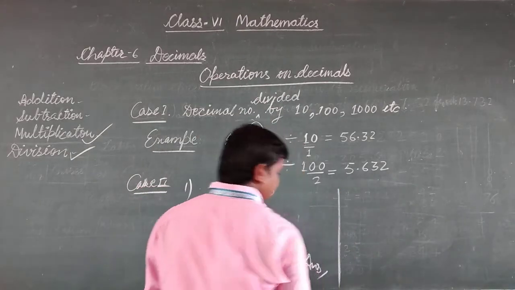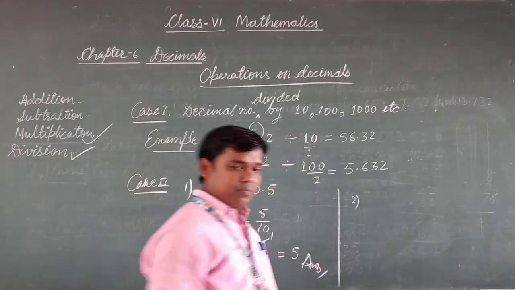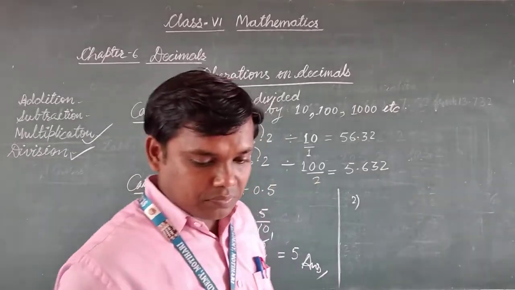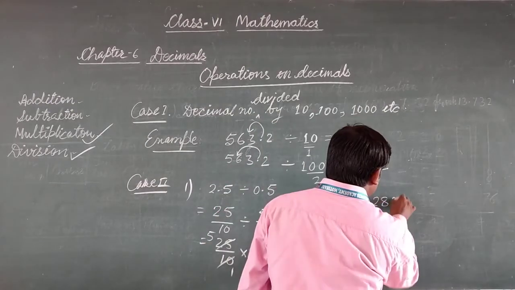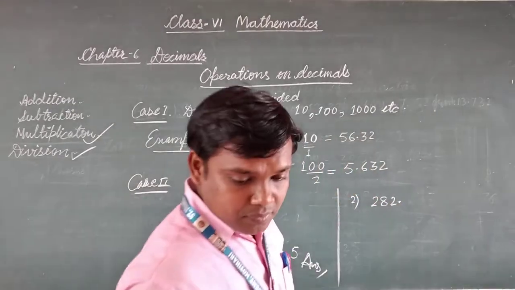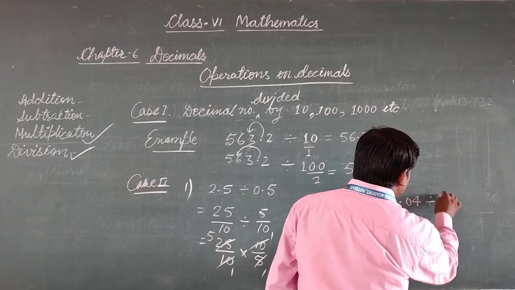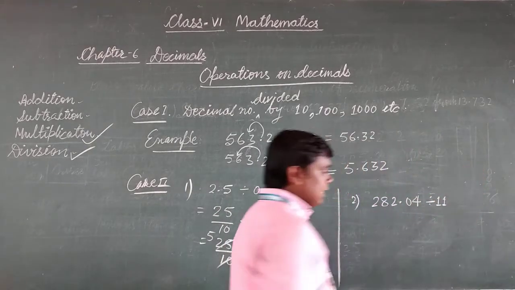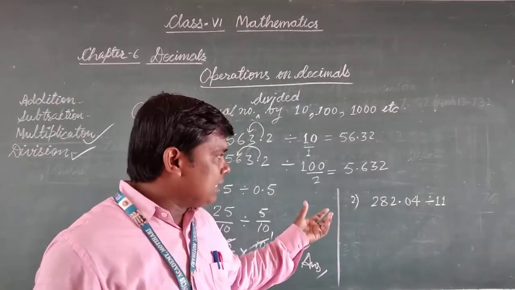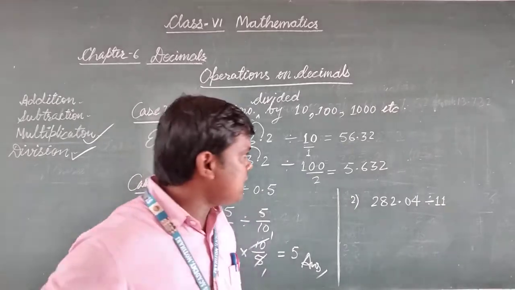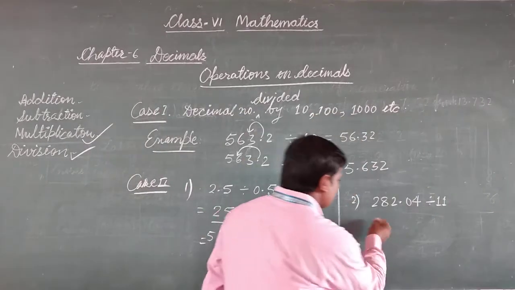Another example you see, if we have the number 282.04 and you have to divide by 11. In this case, we will divide by the long division process, or you can change it like this also.